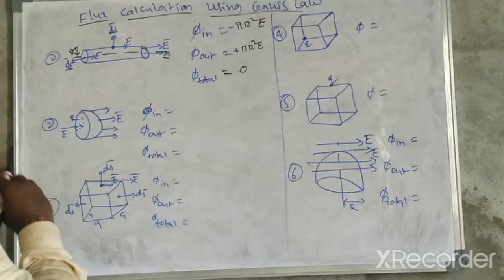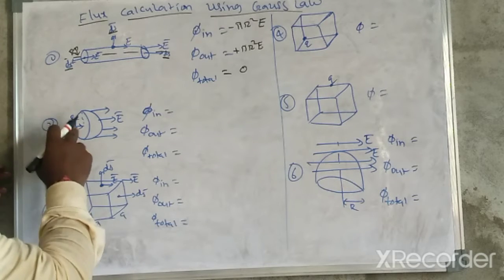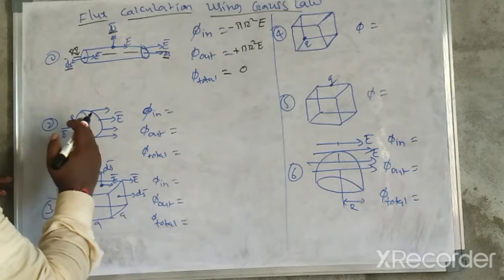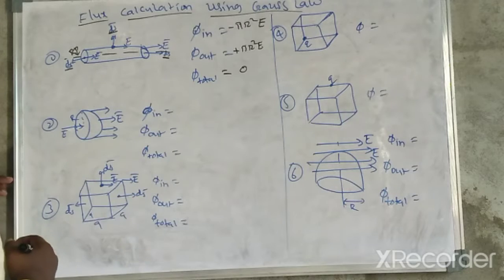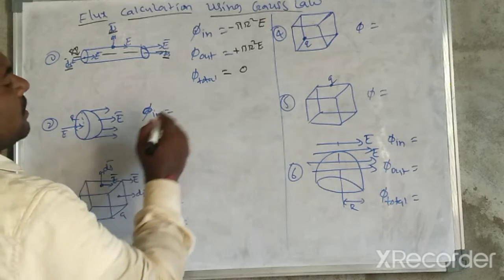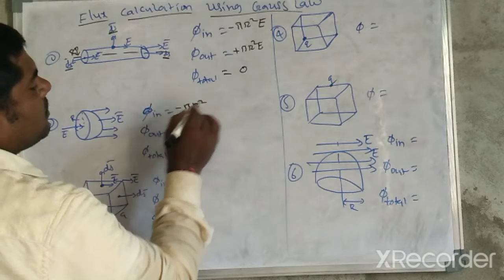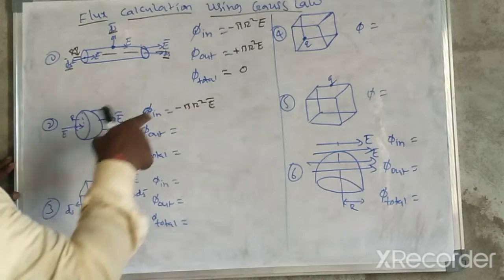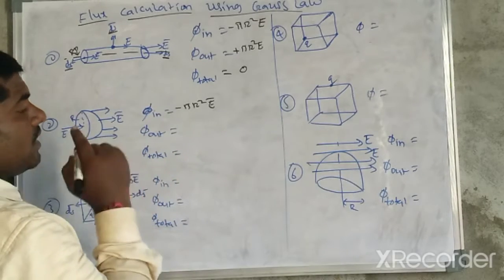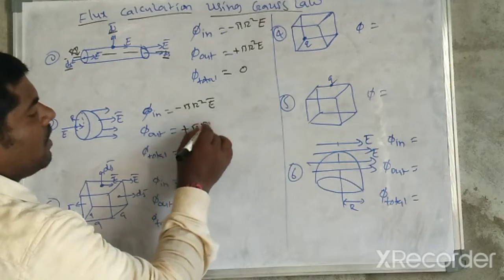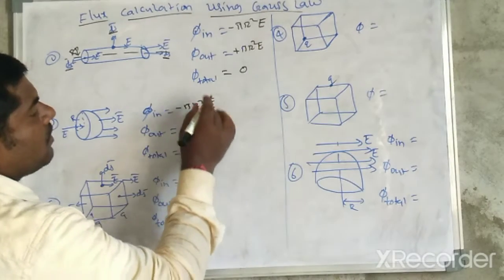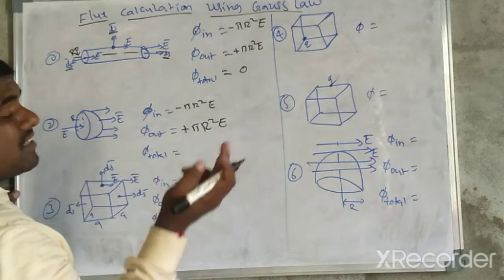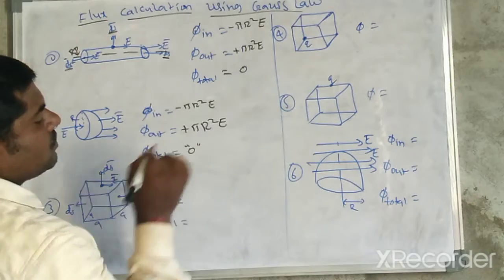The electric lines passing through the area give the flux. The flux entering the hemisphere is minus pi R square E, and the flux coming out is plus pi R square E. So the total, inside plus outside, is 0.